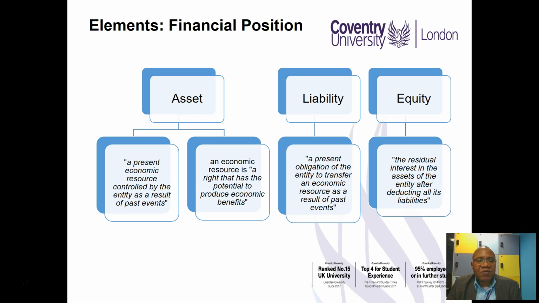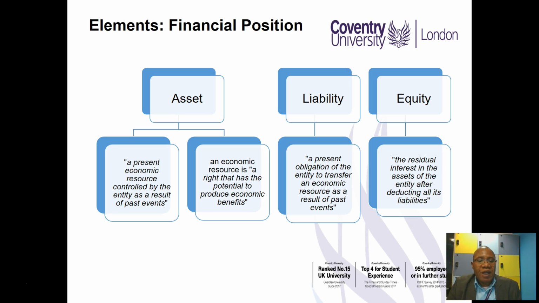Asset is defined as a present economic resource controlled by an entity as a result of past events. Here the emphasis is on the word controlled. So even if the entity does not legally own the item, so long as they have control over it, then it must be regarded as asset. So what is economic resource? Well, of course, this is a right that has the potential to produce economic benefits.